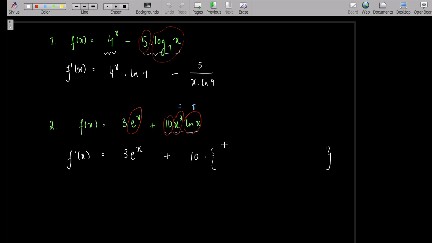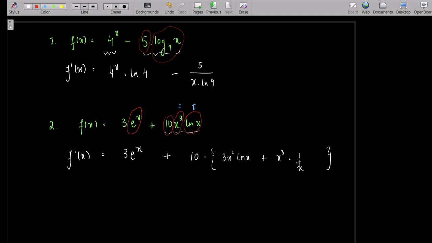Almost. Would it be like 3x squared times ln x plus x cubed times 1 over x? Yes. 3x squared times ln x plus x cube times 1 over x. Now you can simplify some terms here.